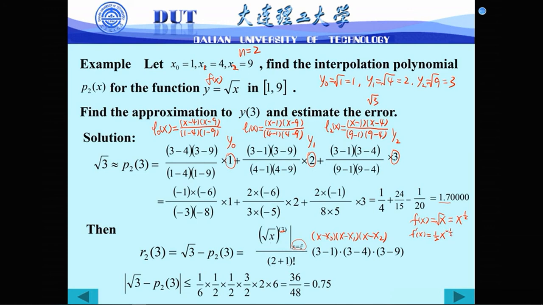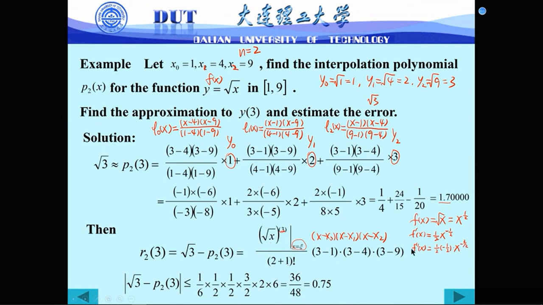The first derivative. Okay, the second order derivative. If we consider the second order derivative, it should be 1/2 multiply minus 1/2 multiply x to the minus 1/2 minus 1. You should be familiar with this computation, right? Derivative. So it should be minus 3/2.